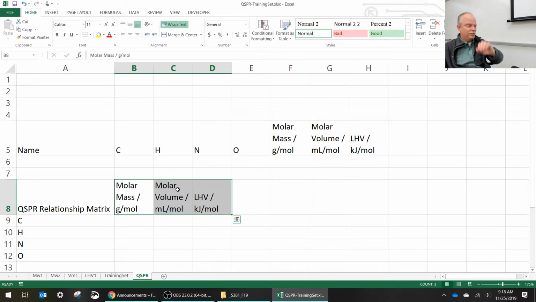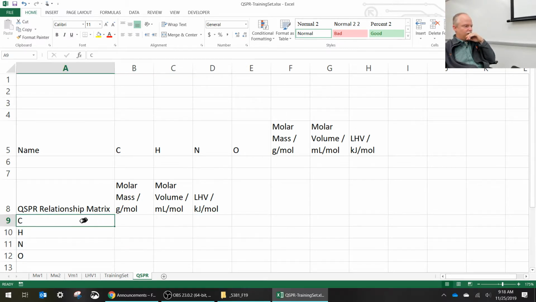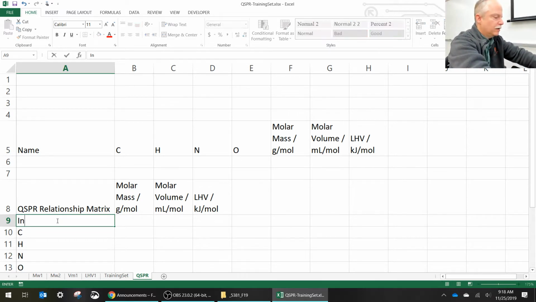Yeah, we're building something interesting here. And so this block of data right here are going to be our matrices. We've got to actually add a row here because we need that intercept.